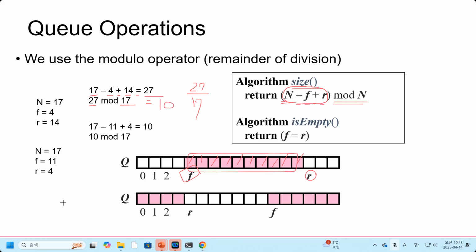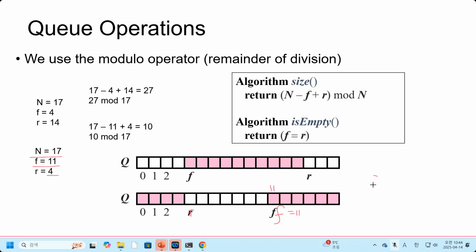What about this one? We have the F here. N is the same, 17, but now F is 11. It is at index 11. And R is at index 4.